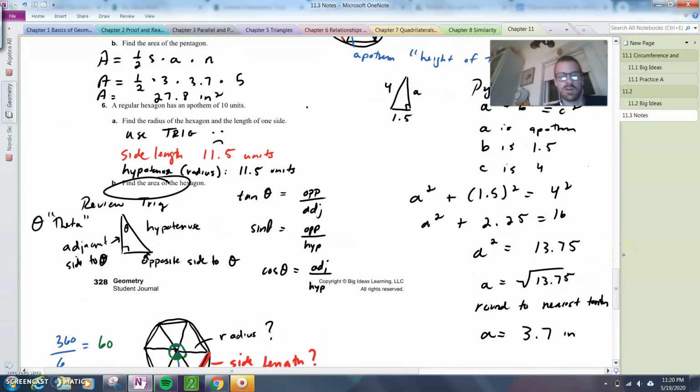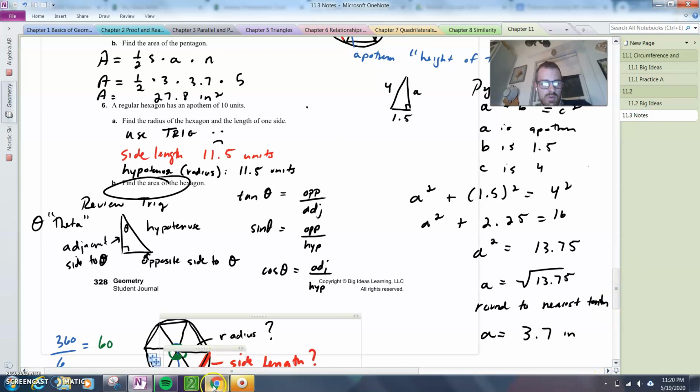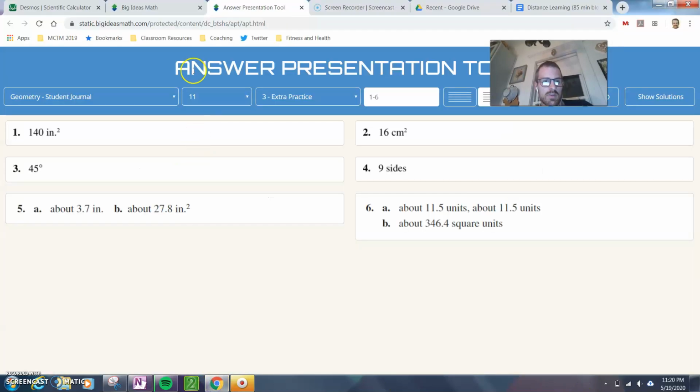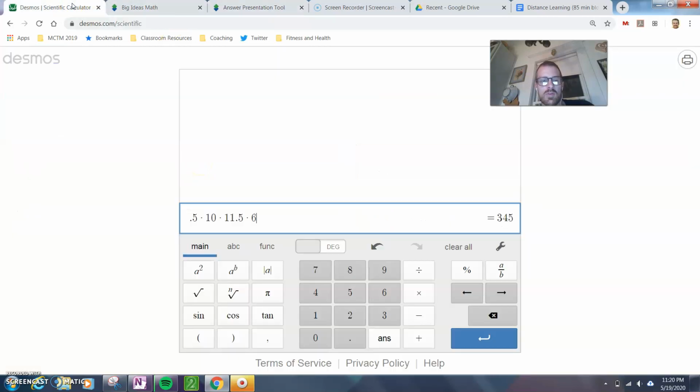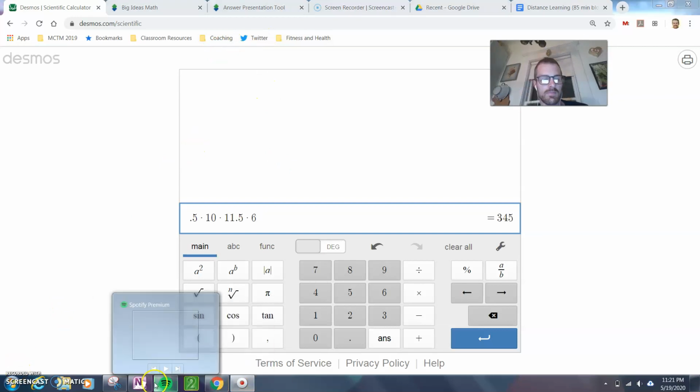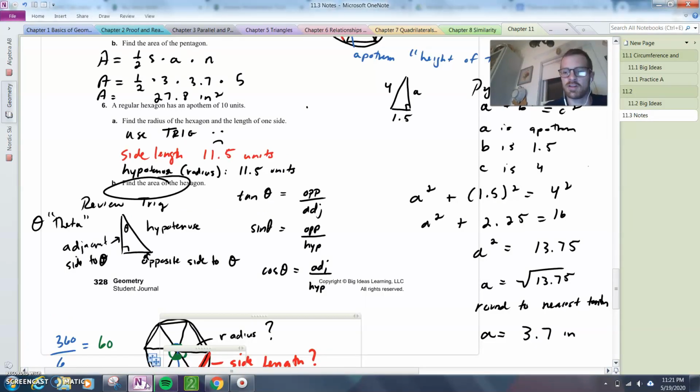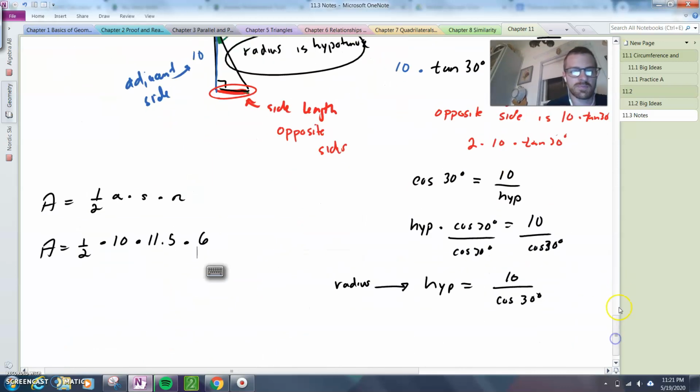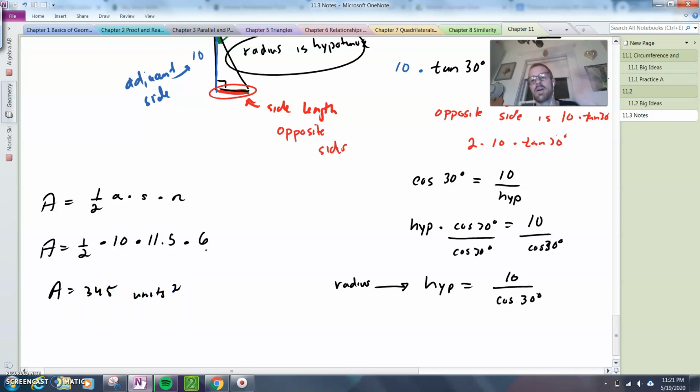So I got 346.4. Let me just check again. So they had 346.4. I had 345. I think that should work. All right, so the area ends up being 345 units squared. And that is it.